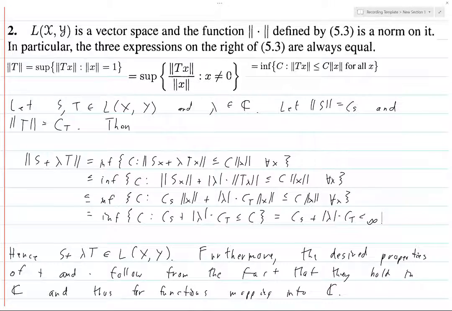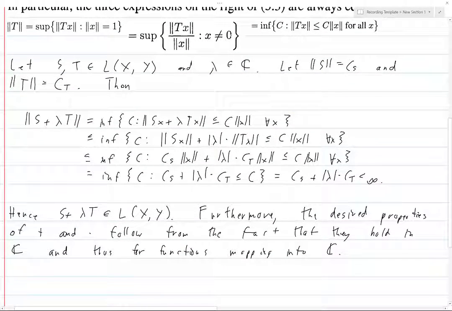I'm just going to make, let's see here. So the additive identity is the zero function.